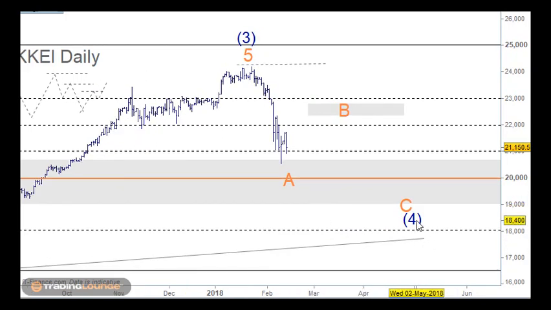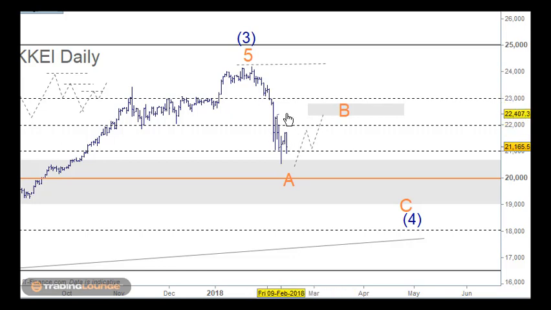Now wave 4s in Elliott terms can get a bit more complicated than this simple A, B and C, but this is what we'll start with. In most of the markets we have 5 waves down through here, so we'll be looking for an A wave, a B wave and a C wave back up into the 50-60% area.